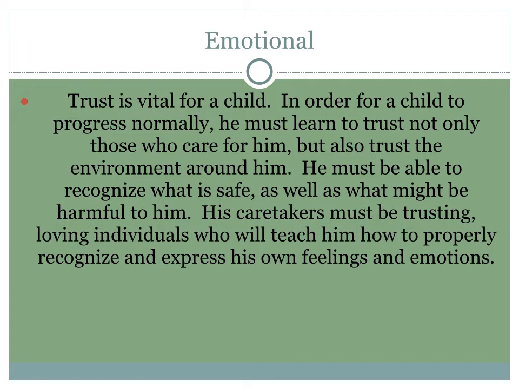He must be able to recognize what is safe and what might be harmful or dangerous to him. Those who look after him, whether it's his parents, his guardians, or his caretakers, must be trusting, loving individuals who will teach him and guide him how to properly recognize his feelings and emotions and how to express those feelings and emotions in a healthy fashion.